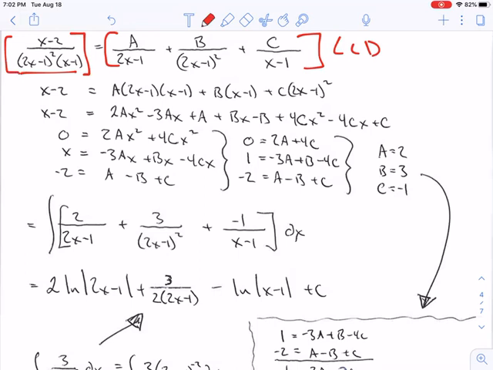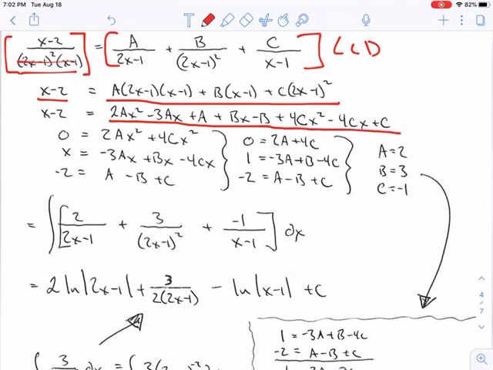On the left-hand side, the denominators just cancel out, and you get the numerator. And on the right-hand side, when you multiply through each one of the 3 terms by the least common denominator, you should end up with this.